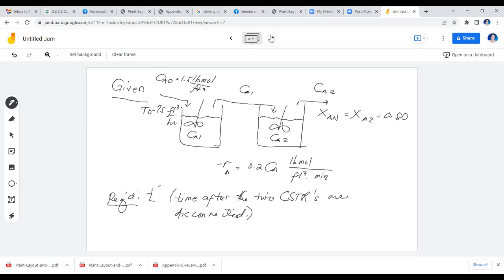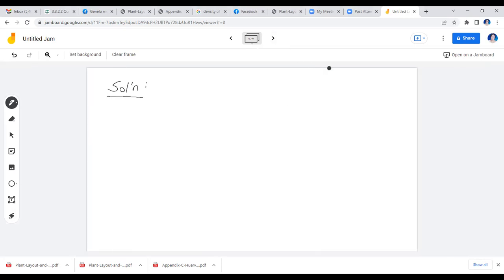And we will do that. So the first thing that we're going to do is write the equation made available for us. That way we can find the two concentrations. So we'll start with CA2 because we already have the overall conversion. So you have this formula: CA2 is equal to CA0 times the quantity 1 minus XAN.